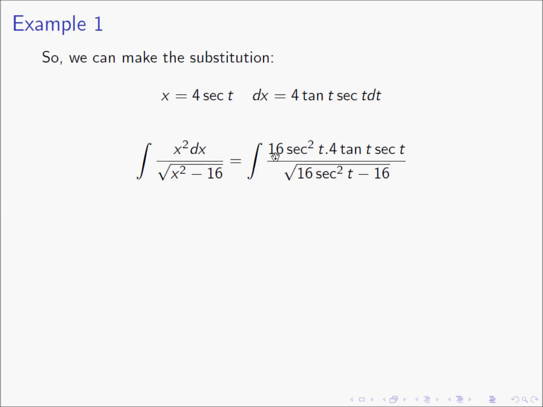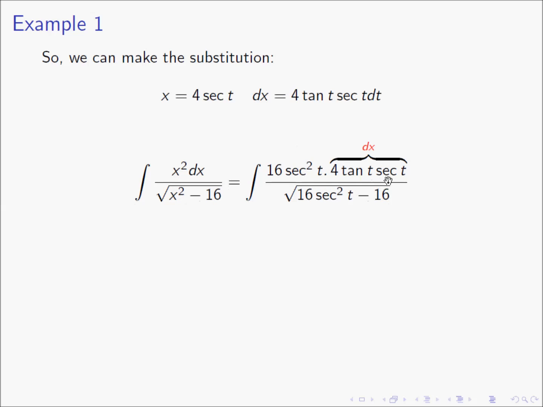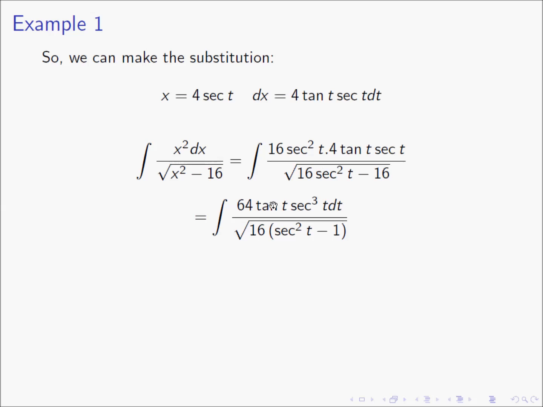Here we have that this factor is x squared, because 4 squared is 16 times secant squared. This factor here is dx. And in the denominator we have x squared minus 16. Now we can multiply 4 times 16 is 64.